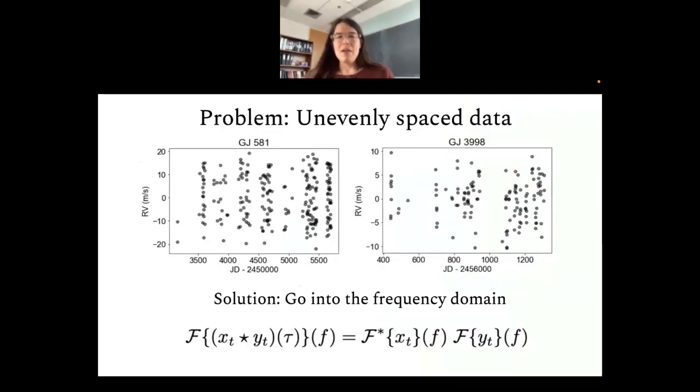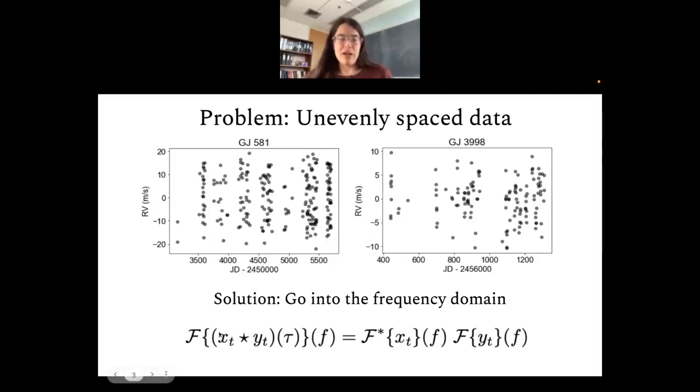So in this case, when you have unevenly spaced time series, you can't calculate a cross correlation directly, but you can go into the frequency domain and calculate a frequency dependent correlation coefficient.